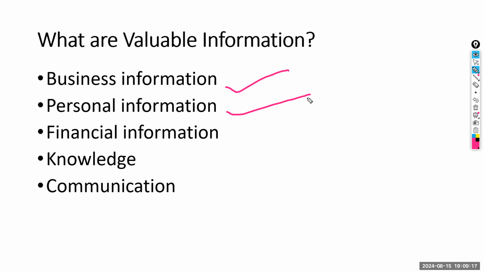Your Facebook, Instagram, sometimes it can be the end of a marriage also. Personal information. So we want to secure it. Financial information, your bank accounts and so on. Knowledge, that is another thing, because knowledge is also valuable. And of course, your communications, like your chats with others, emails. So we want to secure all these different things.